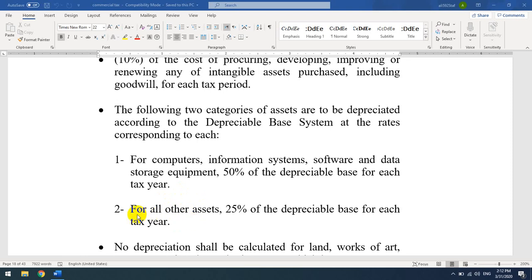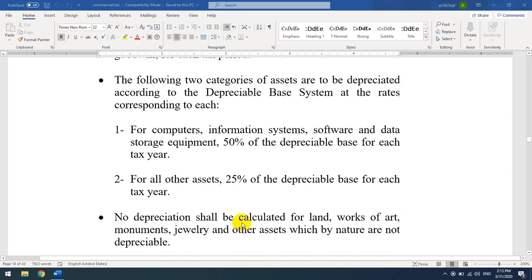But if any other assets or fixed assets appear and have to be depreciated, we will use this rule, which is the depreciation using the depreciable base of 25% of the depreciation base or the book value. 25% of the book value of the asset each year.